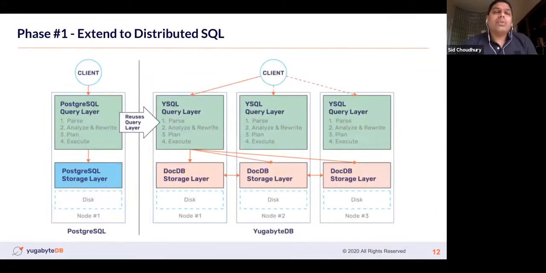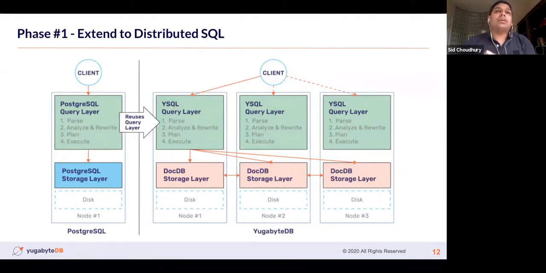So the first thing we did at Yugabyte is to extend this concept into distributed SQL. We took almost the same query layer native code as is, but brought it into a distributed form factor where that same query layer runs on every node of the distributed SQL cluster. But instead of interacting with this one node storage layer, which essentially does not understand sharding, replication, geo-distribution, those three things that I talked about originally, we brought it on top of YugabyteDB's distributed store, which is known as DocDB.